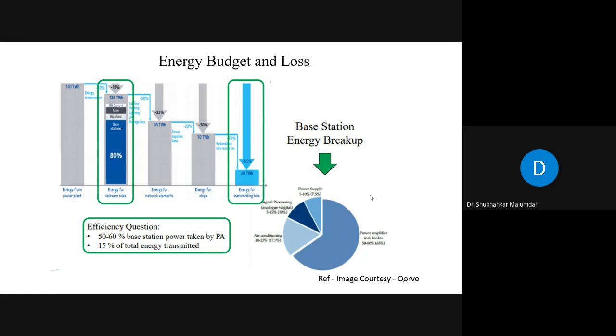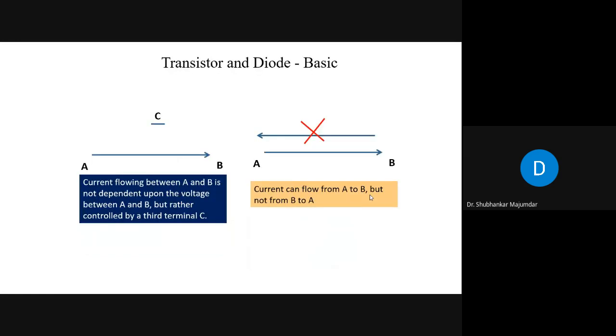So now, after seeing this, we have to go to the basics of how to design a power amplifier. Before that, we should first know the transistor and diode basics: in a transistor bilateral current flow can happen, but in a diode it is unilateral.